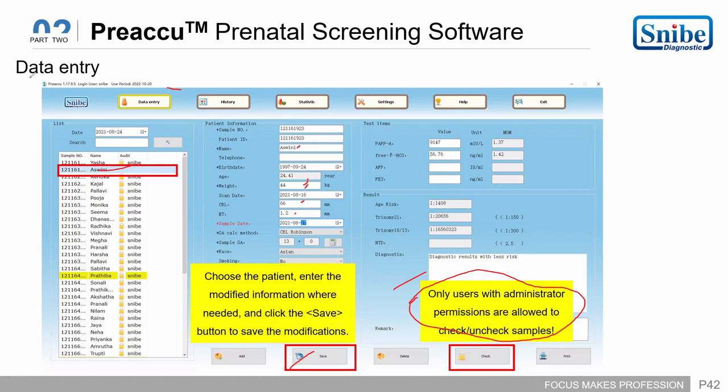So once you plan to install the prenatal screening software, you have to make sure that your administrator's password has limited access. Otherwise, you may face some challenges. So we have access limitation in this software as well.